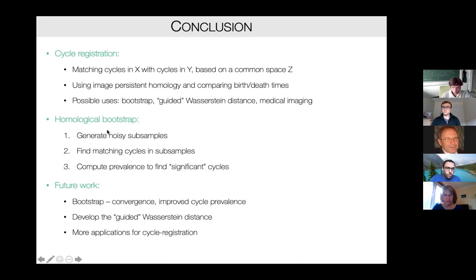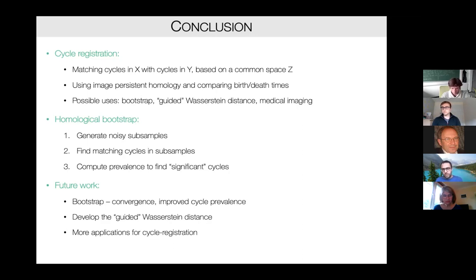With respect to the homological bootstrap, the main idea is the following. You have a point cloud. You generate many noisy subsamples from the same point cloud. Now you find matchings from the original sample to the subsamples. And then you compute this prevalence score to say how prevalent the cycle is, how often it appears in the subsamples, and how much overlap there is in all the appearances.